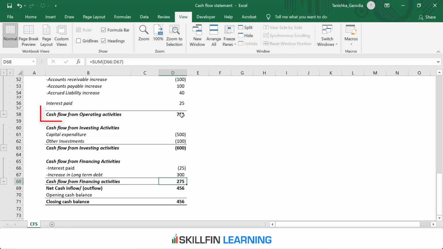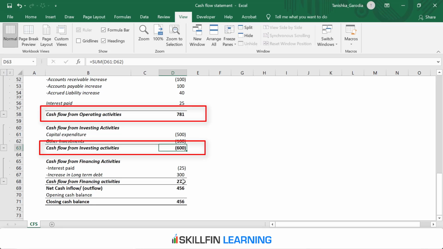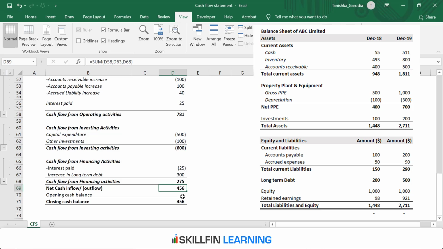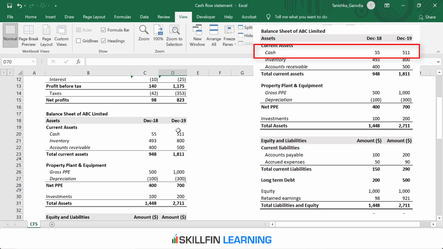If we add the cash flow from operating activities, investing activities, and financing activities, we get a net cash inflow of $456 in the business. Now, if we add the opening balance, we should get the closing balance, which should be equal to the cash in the balance sheet.